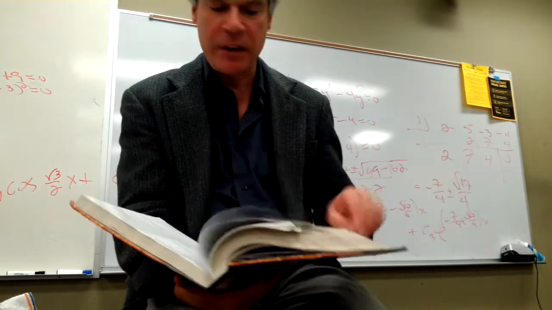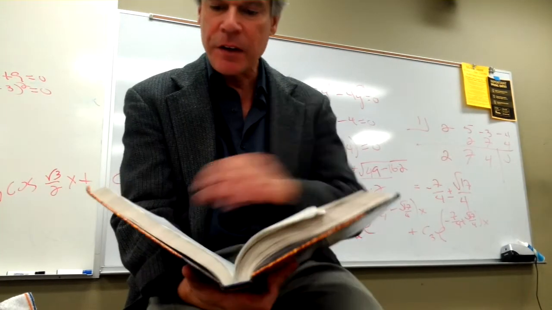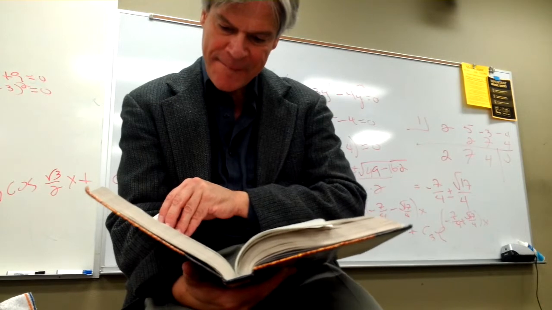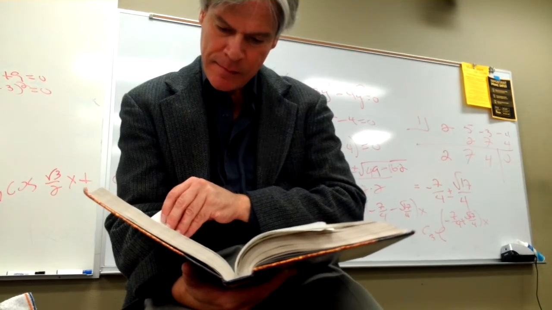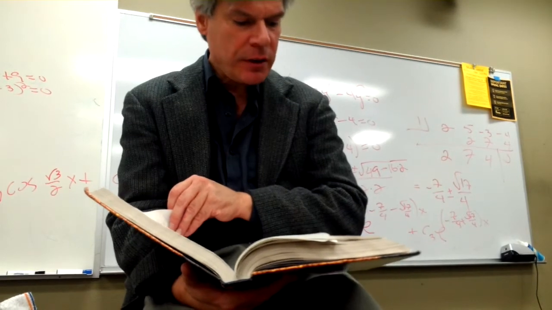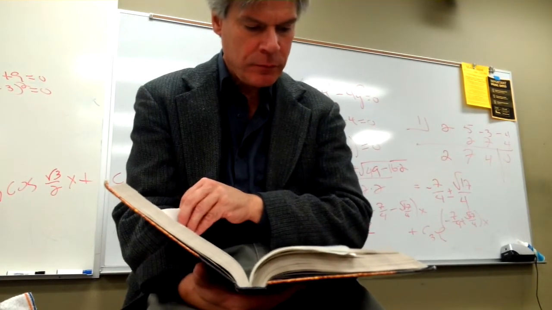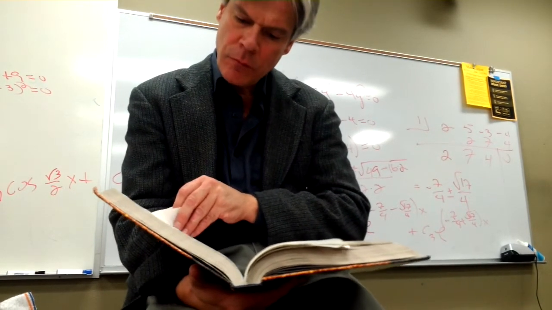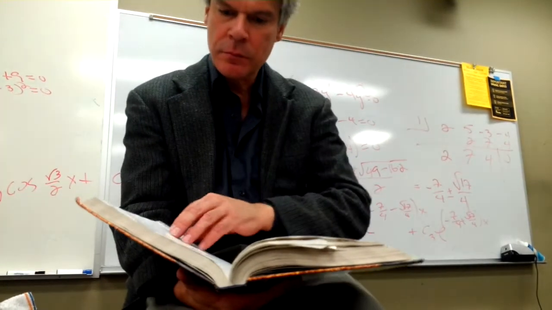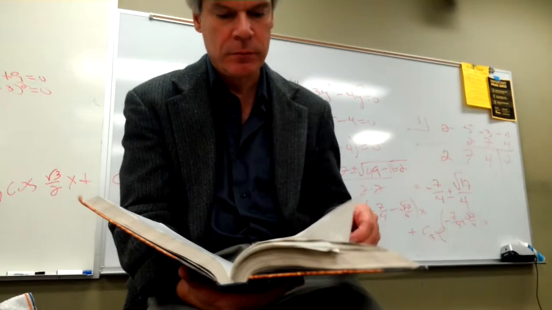Oh, you guys, we finally got back to DEs. In section 6.1, can you look at 1 through 39 odd? What section is it? 6.1.